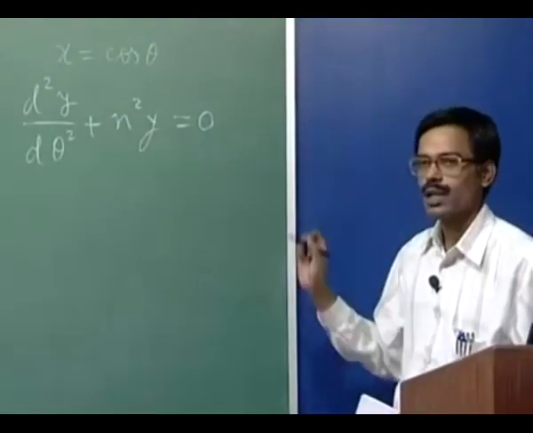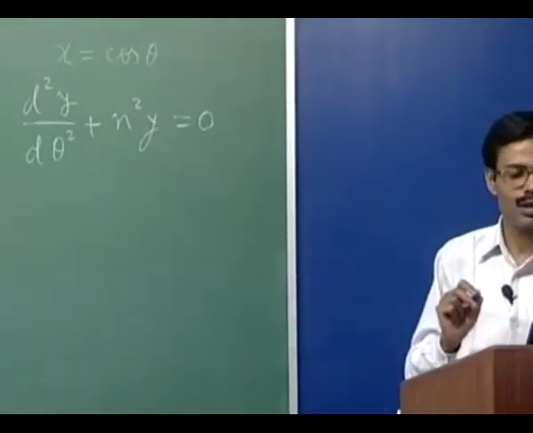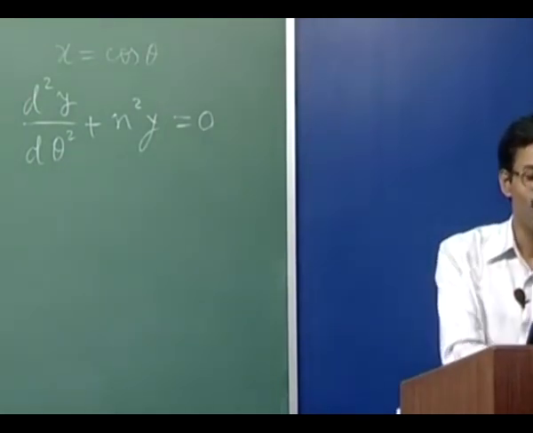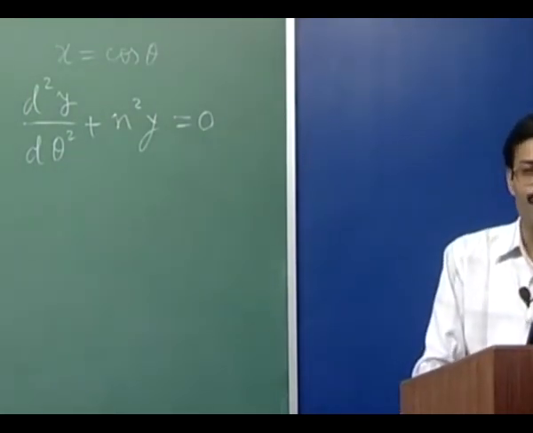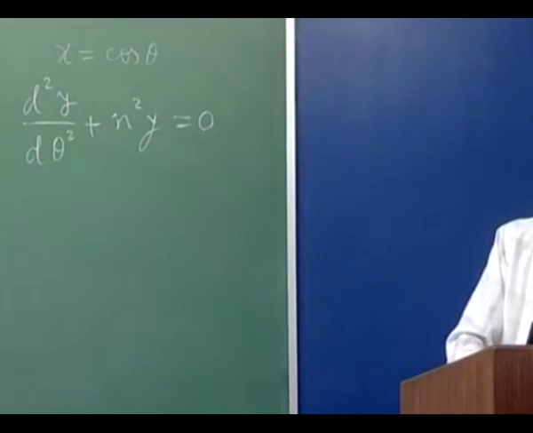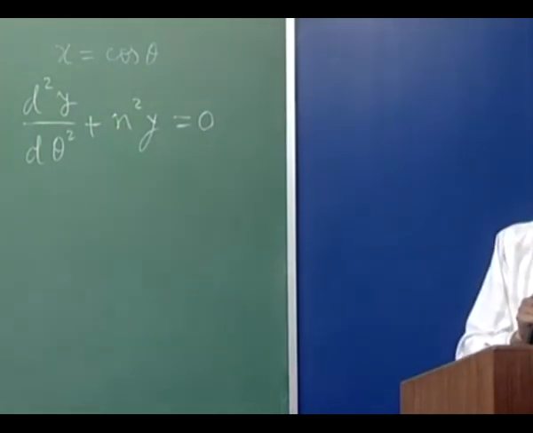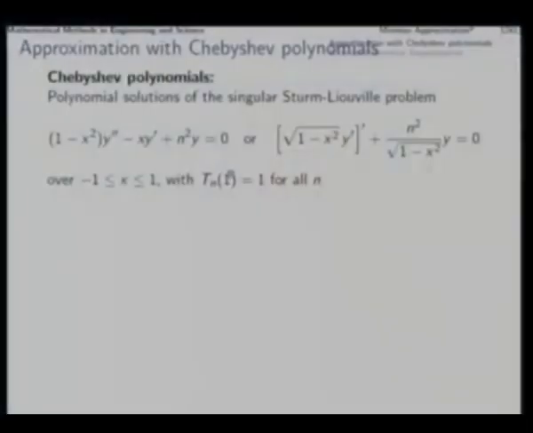We discard sin n theta because that is not going to give us polynomial solutions, but cosine n theta will give us polynomial solutions, and for all values of n, cosine n theta will have a value 1 when we take x as 1.